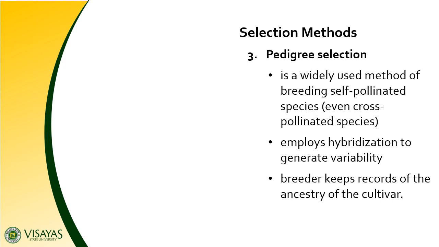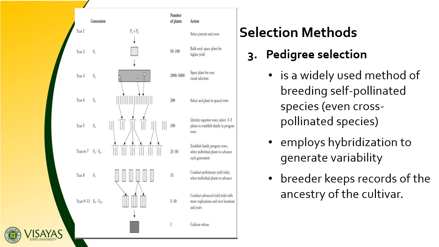Okay. So unlike the first two types of selection, mass selection and pure line selection, those two did not involve the creating of variability. So take note, in mass selection and pure line selection, you only start with the seeds. You are not crossing to produce the seeds.